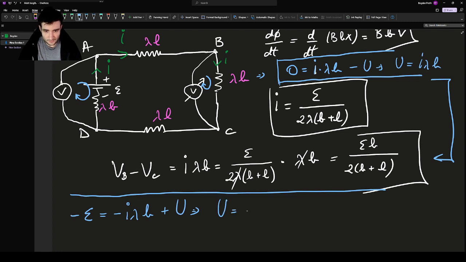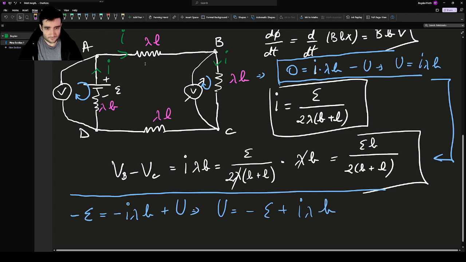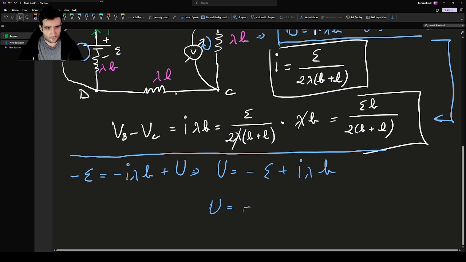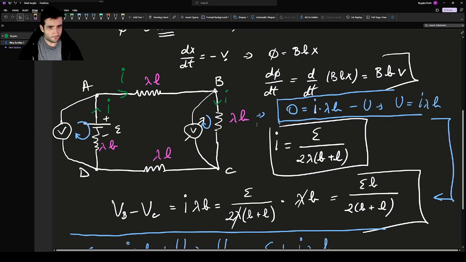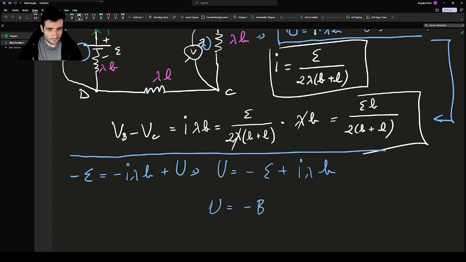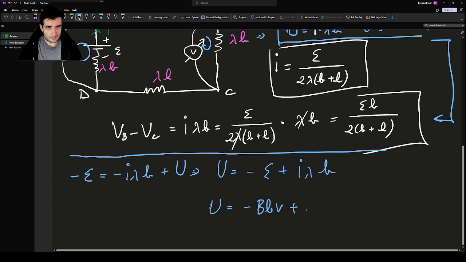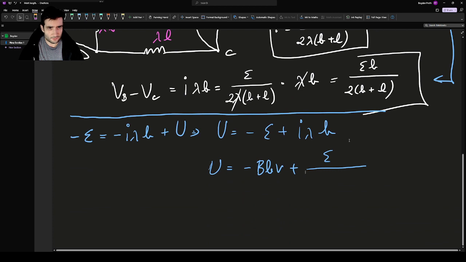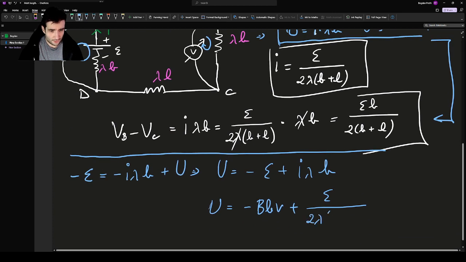So U will be equal to minus epsilon plus I lambda B. So the potential difference will be minus epsilon, which is B times V, plus the current, which is epsilon over, let's leave it as epsilon for now, 2 lambda B plus L times lambda times B, and then we can cancel out the lambdas.